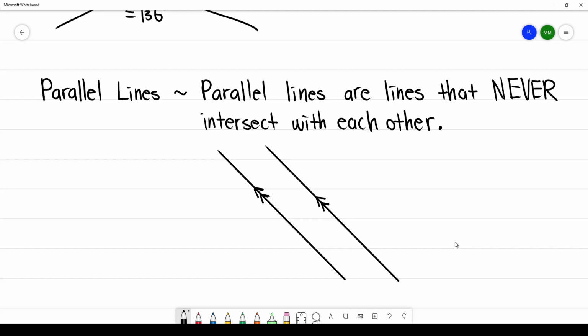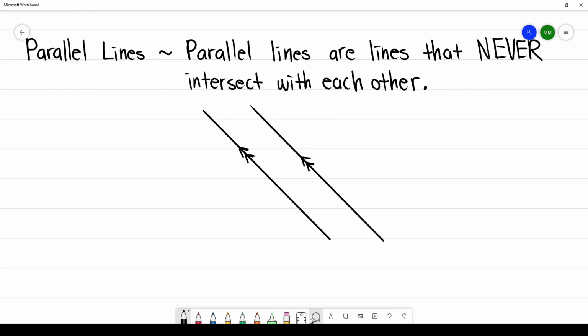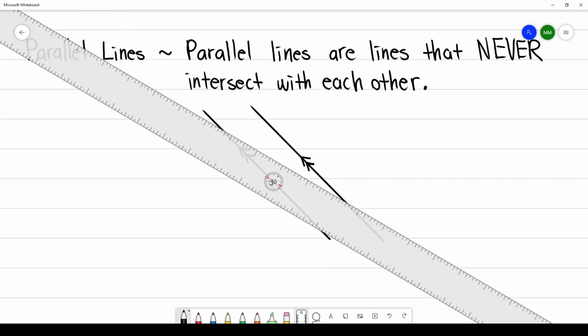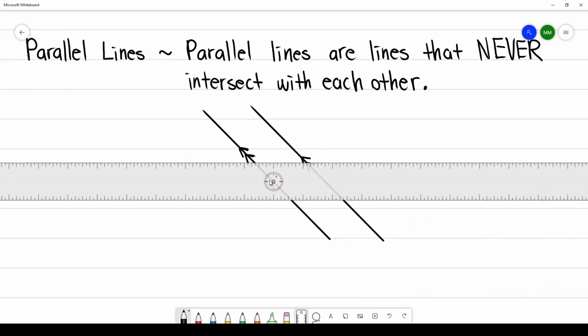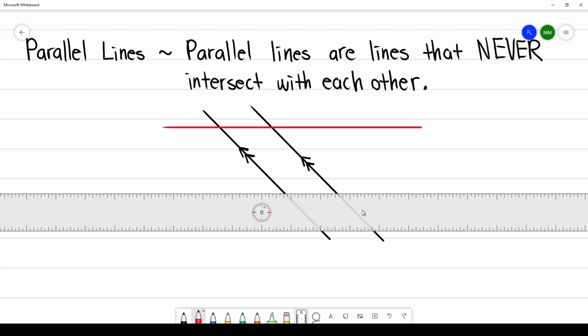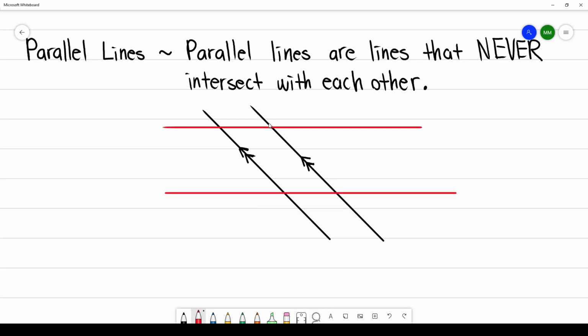So why we want to do that is because, let's say I draw another pair over here. I draw a red one here, and then a red one here. The red one and the black one, they are not parallel. They're definitely not parallel. They intersect right here, right here, right here, right here. But the red ones themselves, they are parallel.